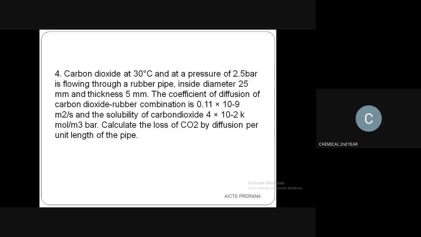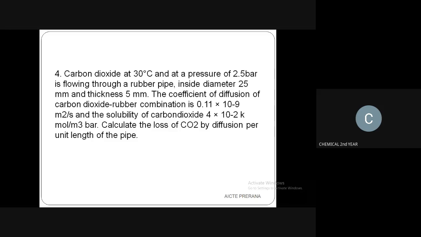The coefficient of diffusion of carbon dioxide and rubber combination will have the solubility also. From that solubility, the pressure is getting decreased. The length and thickness will remain the same, the diameter also remains the same, but the carbon dioxide which is passing through the rubber pipe will get reacted, and it will have some loss.